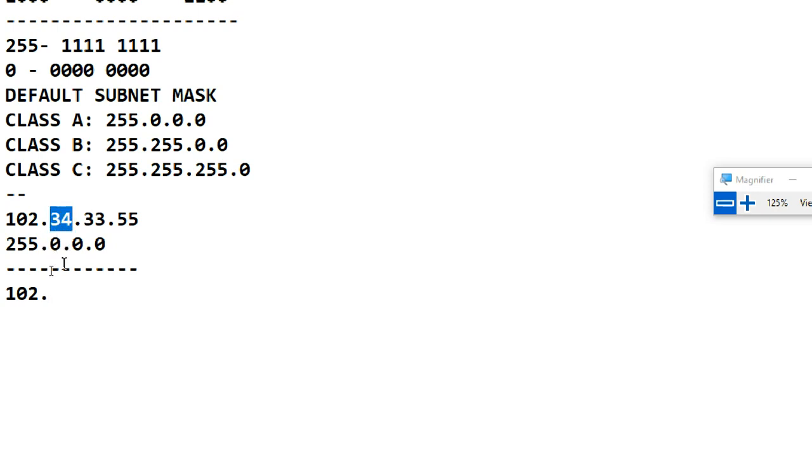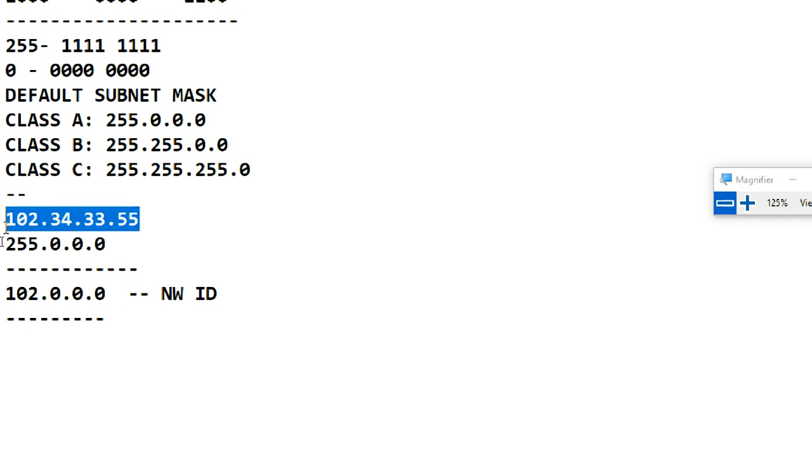What is the binary of 34? You will get zero only. The same thing happens with the others: 33 and zeros give zero only. This is the network ID, the network ID of this IP address with this subnet mask. So only the network portion remains; the rest become zeros.